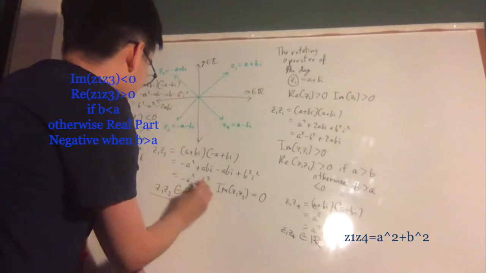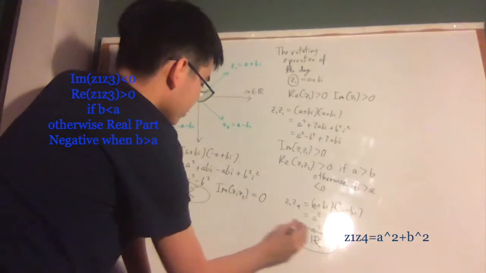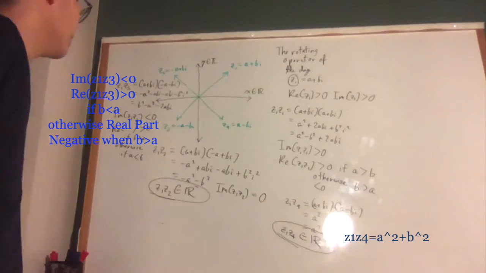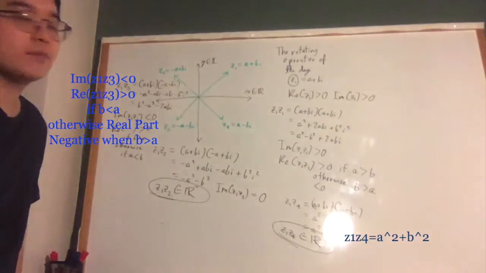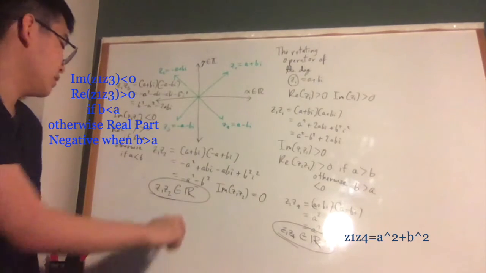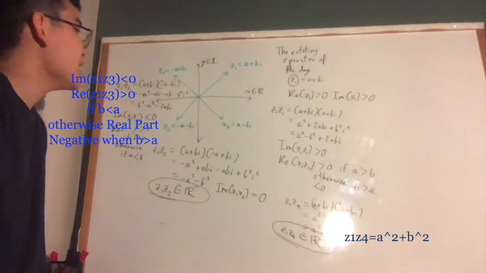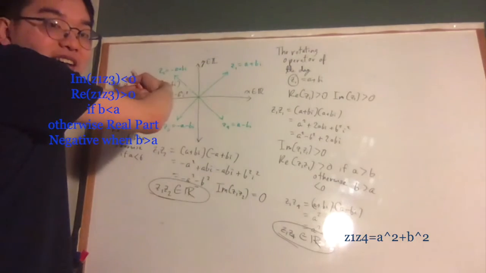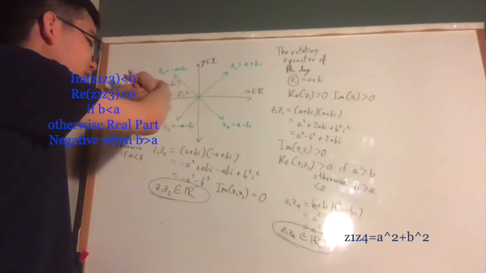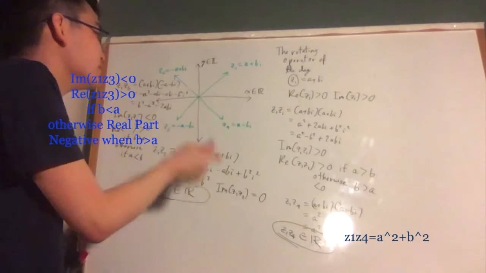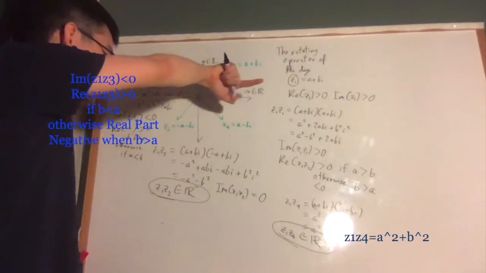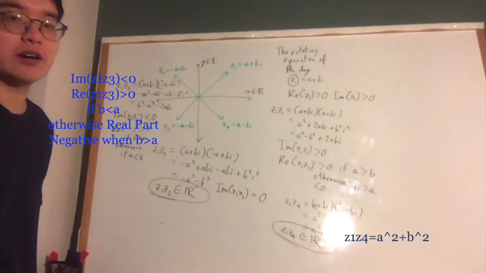So very surprisingly, let me be even more precise: not only does z1 being multiplied by z2 map it to the real numbers, it maps it to the left-hand side of this Argand diagram. If I do z1 and z4 on the other hand, it maps this to the right-hand side of the Argand diagram.